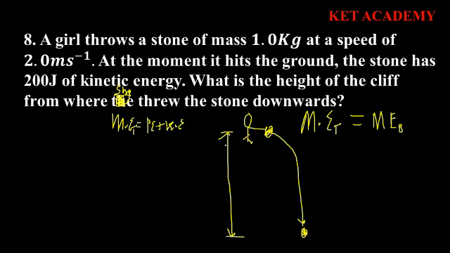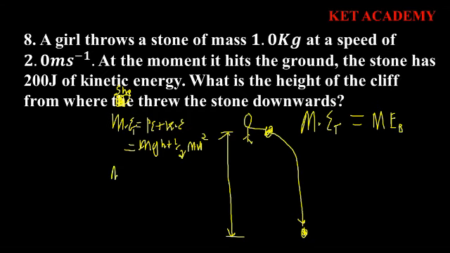Since the girl throws the stone with an initial velocity u, the potential energy at the top will be mgh, and the kinetic energy will be a half mu squared. So we have resolved all the energy at the top.